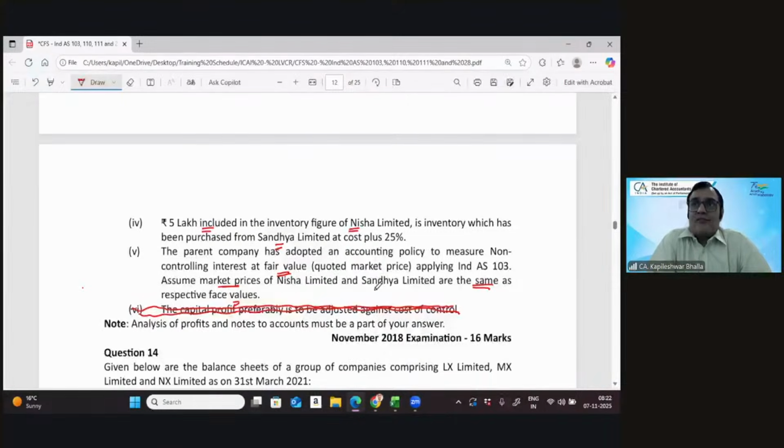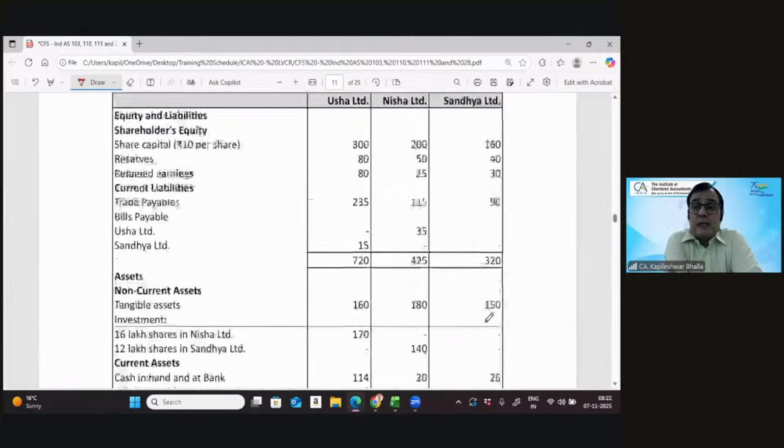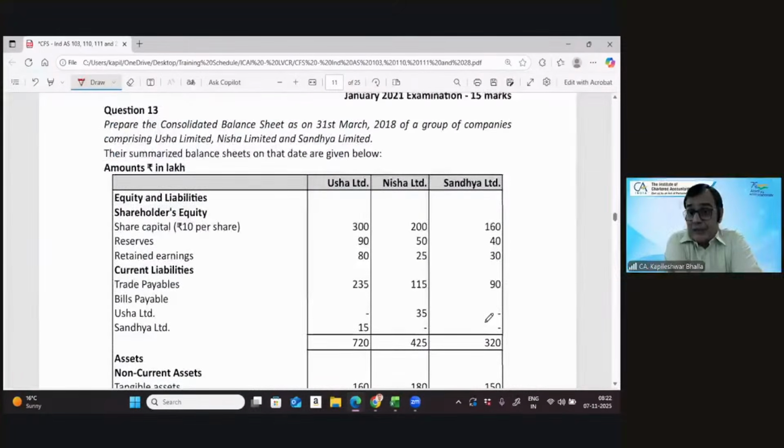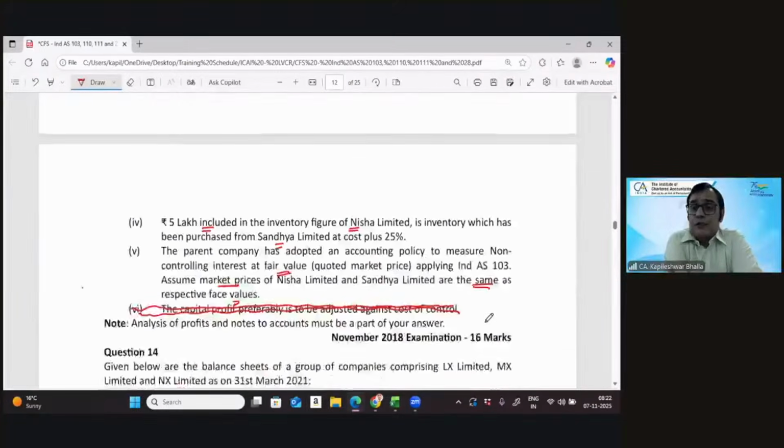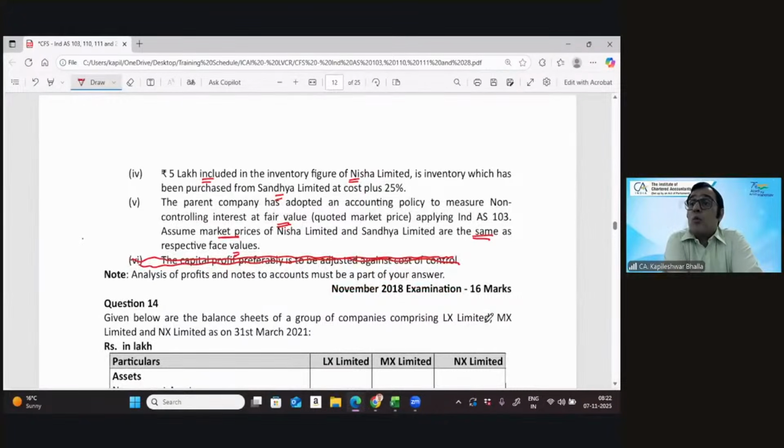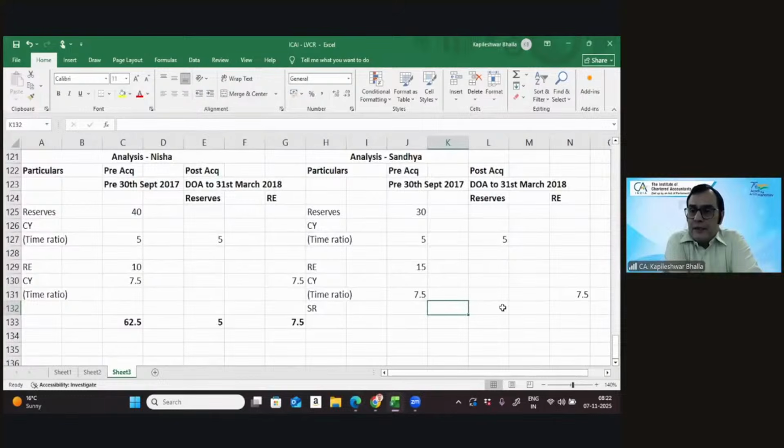So on 5 lakh, the stock reserve is 1 lakh, but we need to be careful. The figures we have taken are all in terms of lakhs of rupees, so the stock reserve is 1. We need to eliminate this stock reserve from the RE, that is 1.